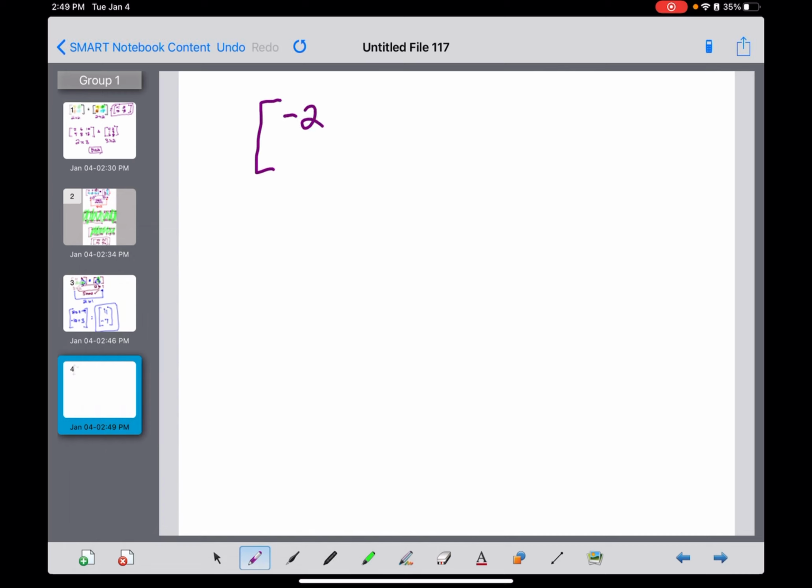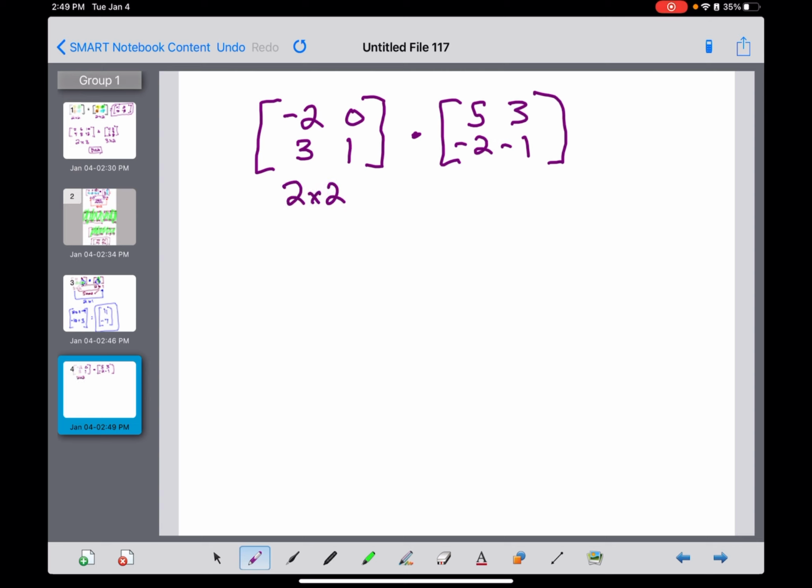It's -2, 0, 3, and 1 times 5, -2, 3, -1. Check to see if we can do it first. 2 by 2. 2 by 2.